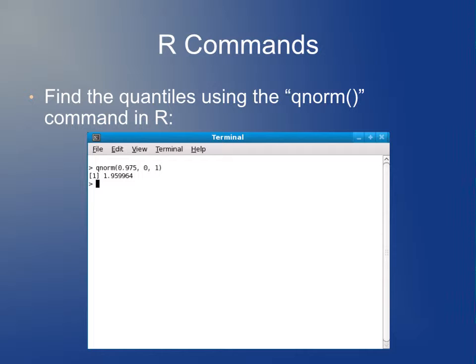You can use that in R using the qnorm command as we've discussed previously. As it turns out, for a standard normal distribution with mean 0 and standard deviation 1, the 97.5% quantile is almost exactly 1.96. Consequently, the 2.5% quantile is minus 1.96.